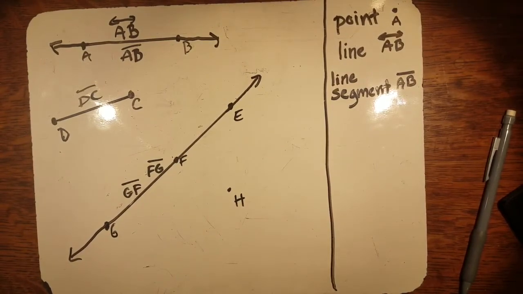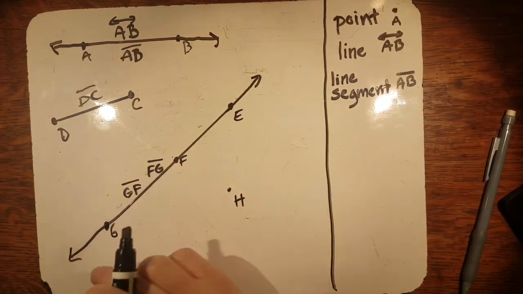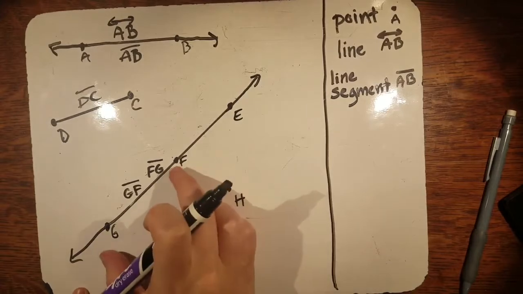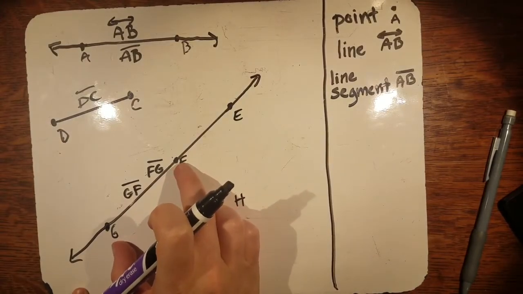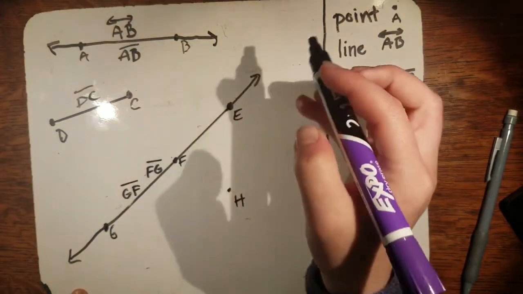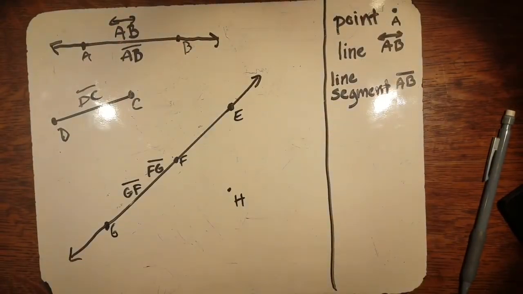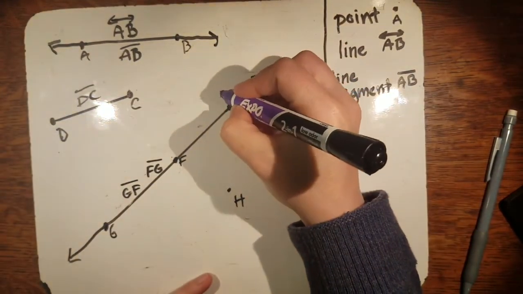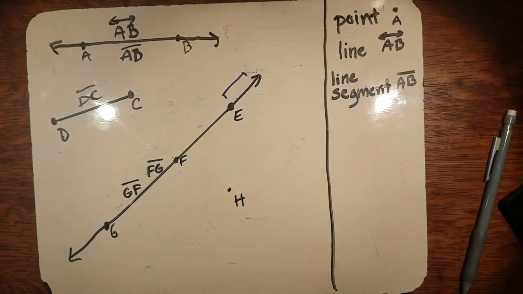Now, we do have something that goes in between. We have talked about the whole line. We've talked about line segments. But what happens if you've got something that looks like this part over here where there's E and then it just keeps going and going? We've stopped at one point, but then that line just keeps on going from that one point.